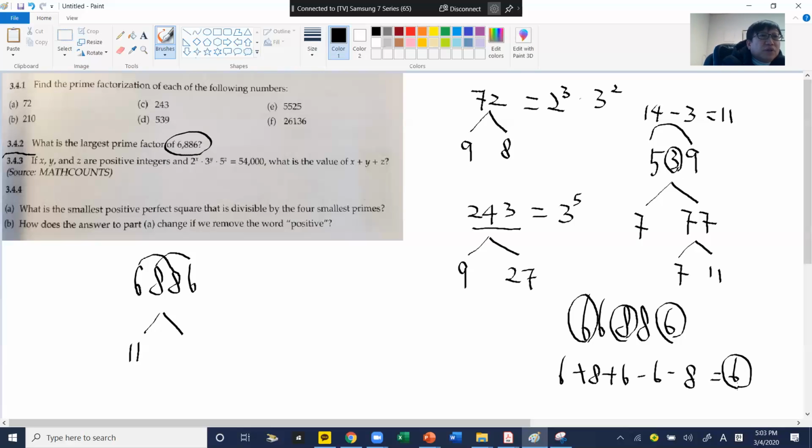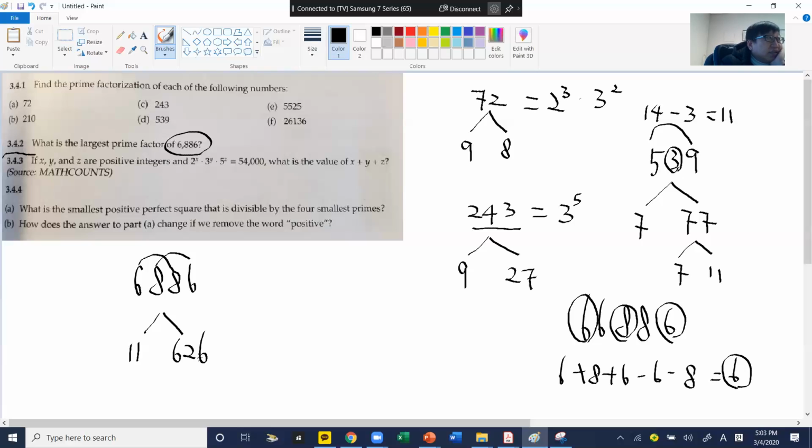Anyway, for number 2, they want to find the largest prime factor, right? So even though this number is divisible by 2, you can also check, oh, this number is also divisible by 11. So you can divide it by 11, right? So you can first get the 600, and 20 left, and the 6, right?